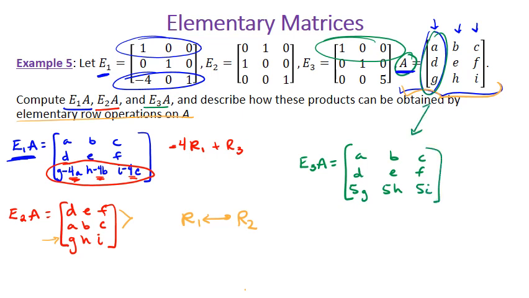So compare these. How are these different? Well, the only thing that changed was row 3 from matrix A. How has it changed? Well, I have taken 5 times row 3 of matrix A. And that's the elementary row operation.